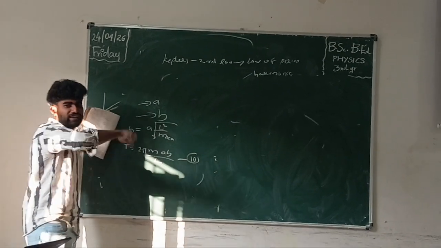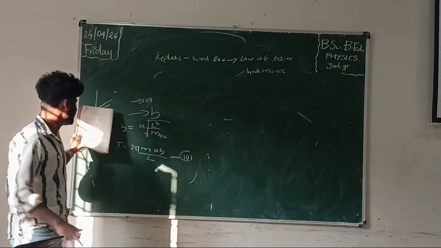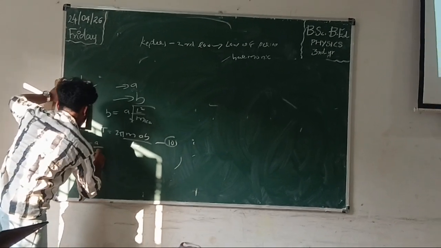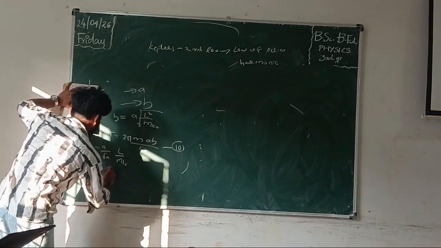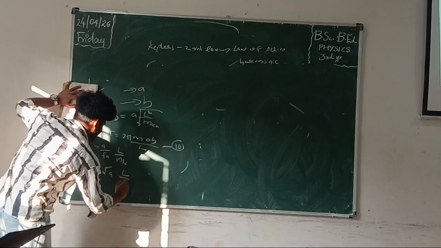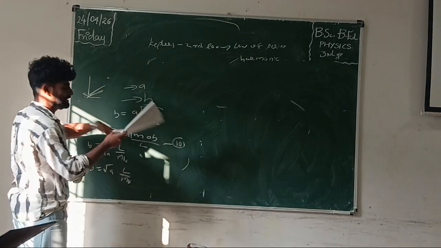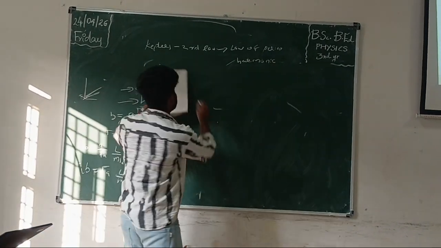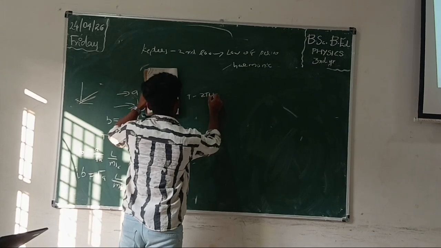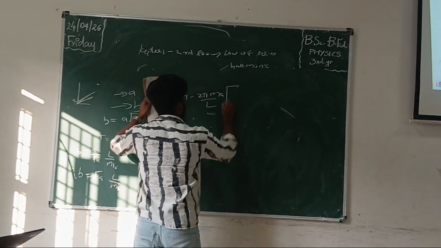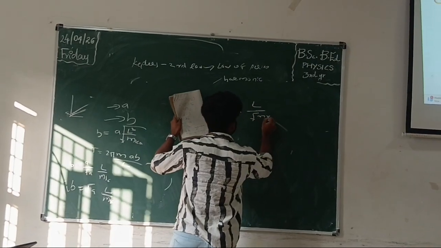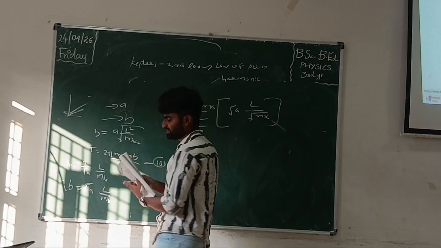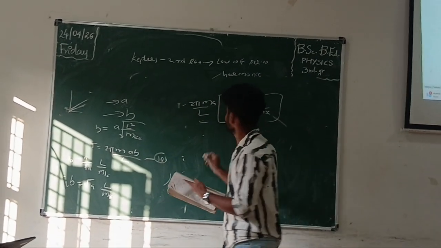From equation 10 I am going to finalize. So b is equal to root a L by root mk. Using 11 in 10, we get T is equal to 2 pi m a by L times root a L by root mk. From this we will be finding T.